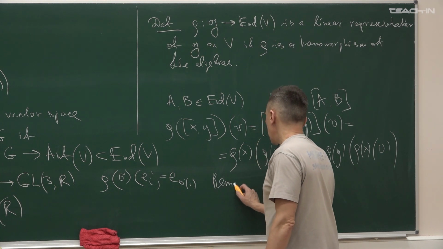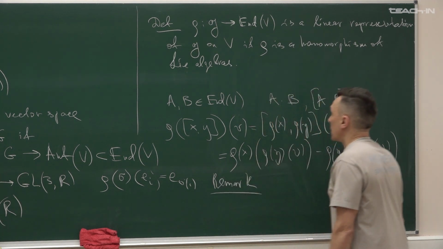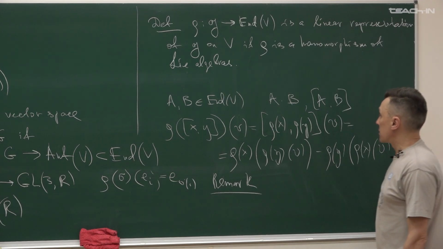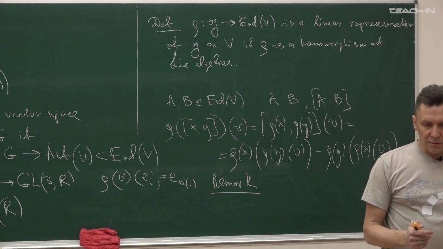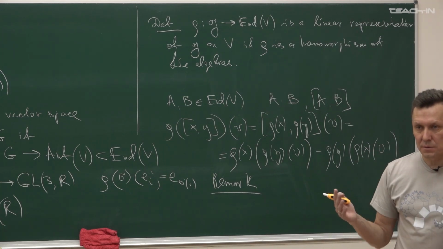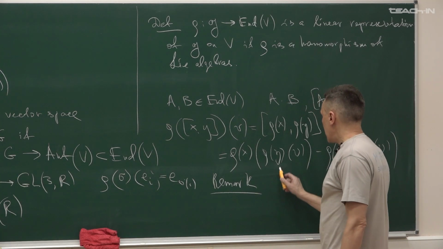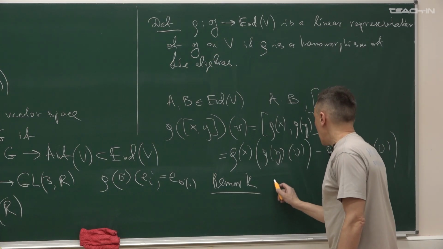Remark. There is a fundamental representation of the Lie algebra on itself. It is called the adjoint.